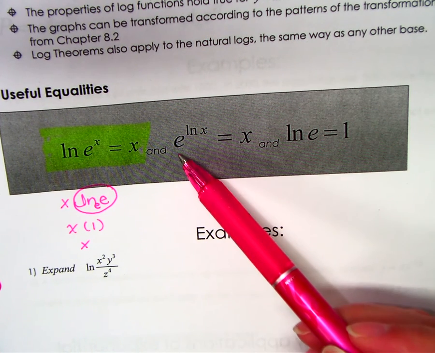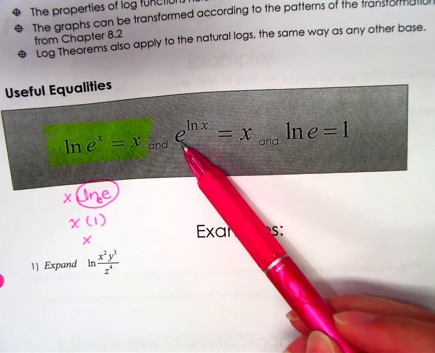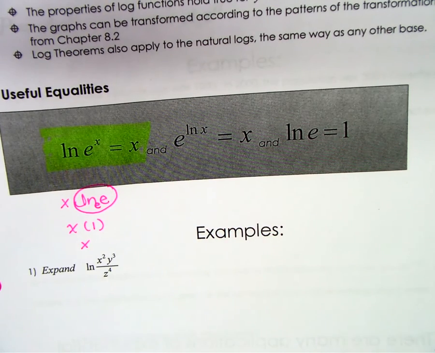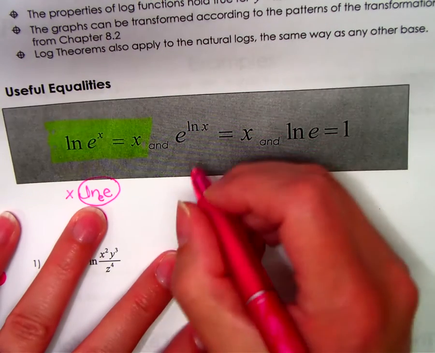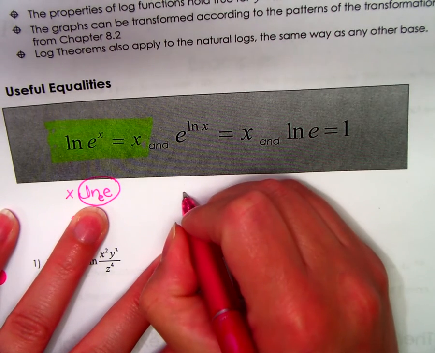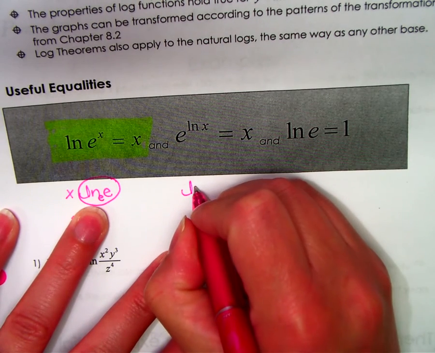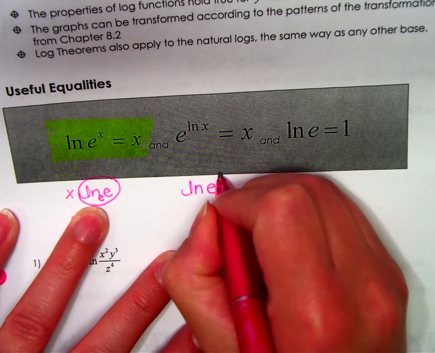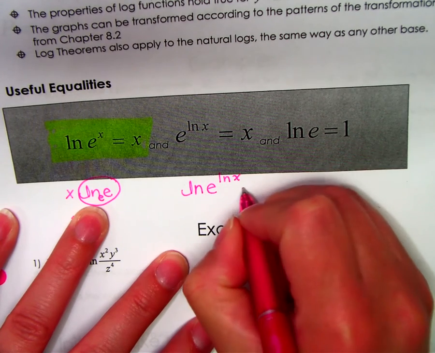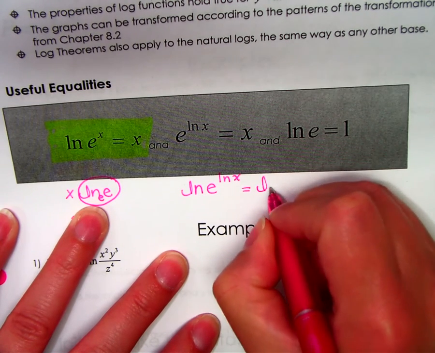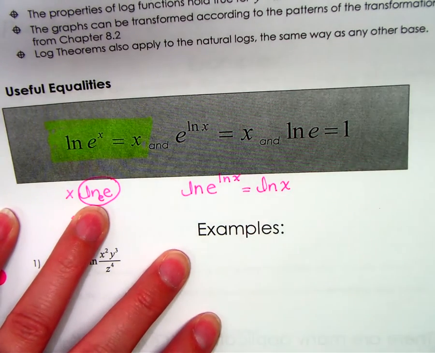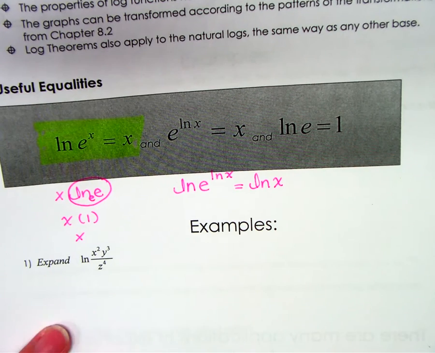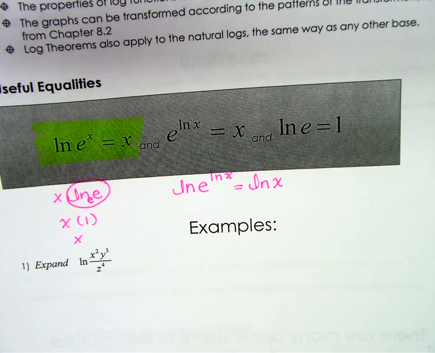But because it's a base e, do I just log them, or do I natural log them? You natural log them. Is everybody with me so far? All I did was log both sides of this one.